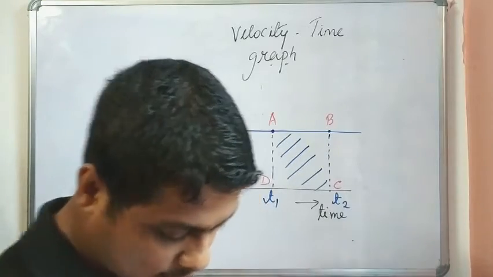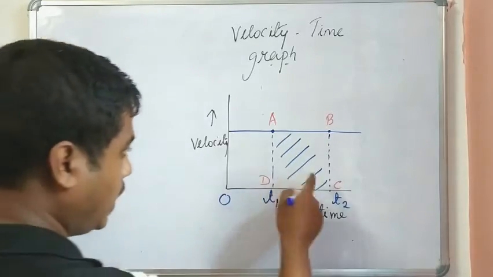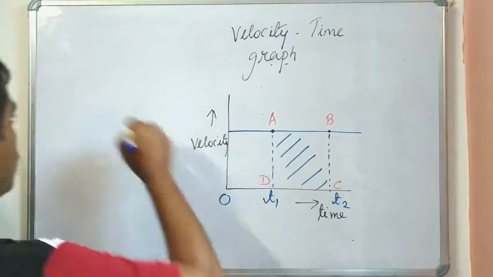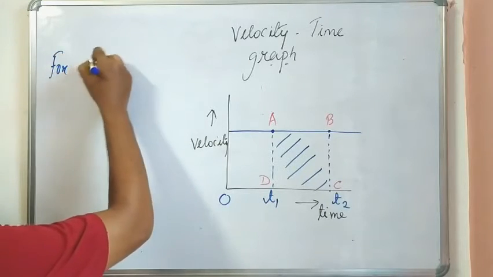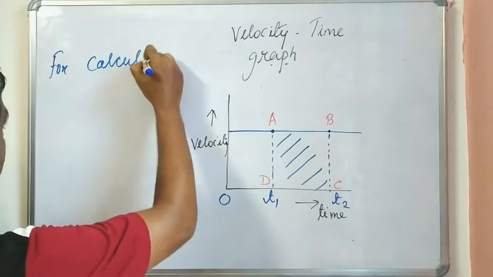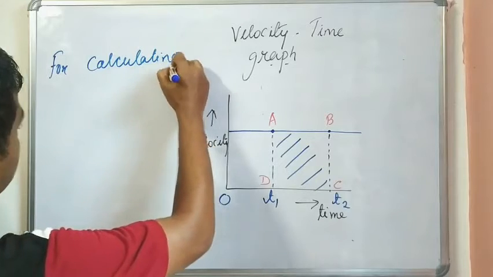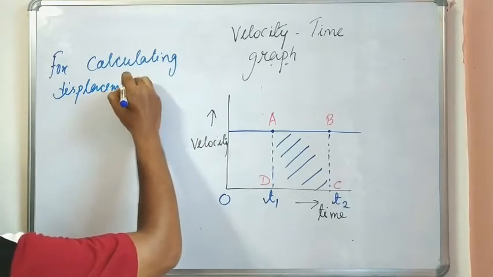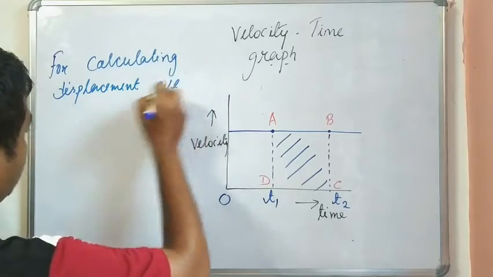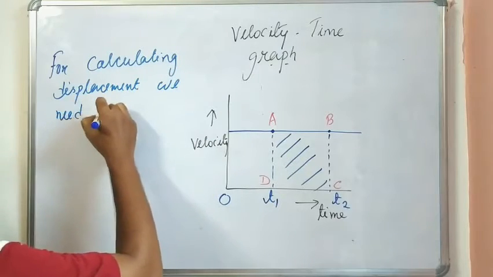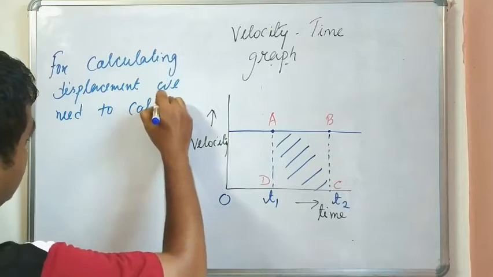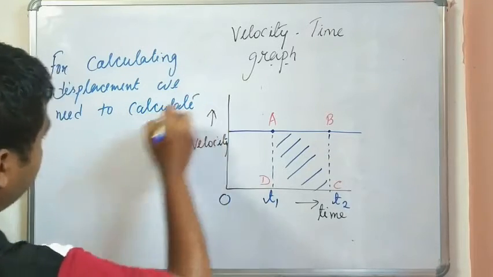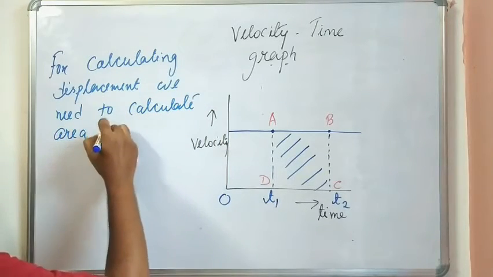So suppose I consider the area under the VT graph, for calculating displacement we need to calculate the area under the VT graph.